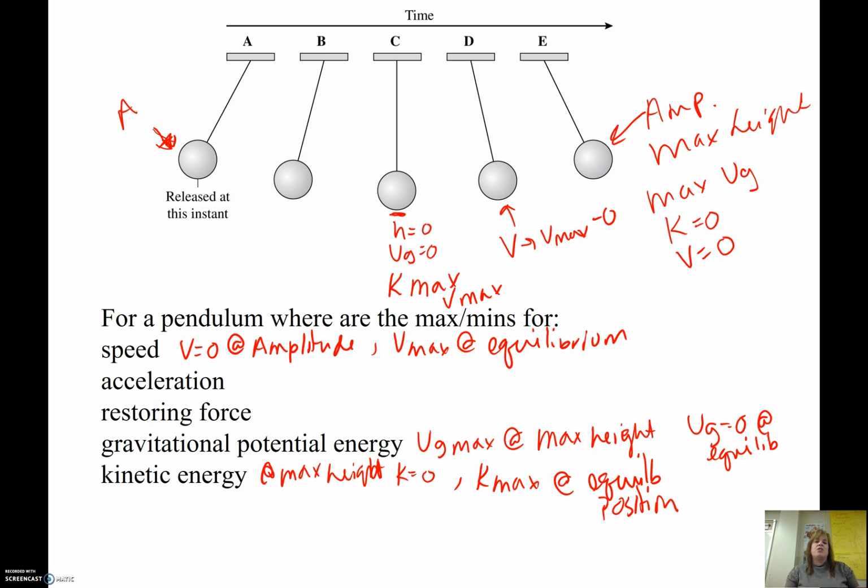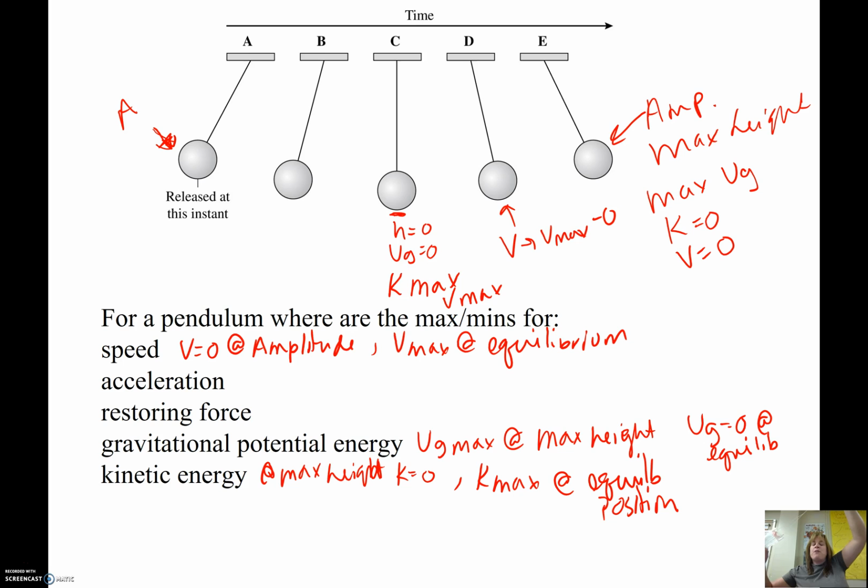What about acceleration? Where would the acceleration of this be the greatest? Well, think about springs, because we have the same sort of oscillation. For springs, our speed was a max when we were at the equilibrium position. Our force and acceleration were a max at amplitudes. Well, that's true here too. Because the angle that the force vector makes with that displacement, that motion, is bigger out here, I have a bigger force out here.